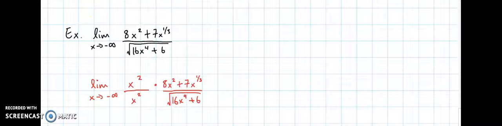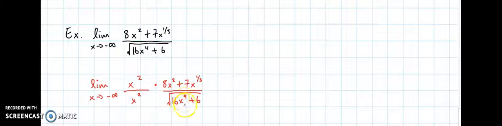The next step is to divide the numerator and denominator by the highest power of x in the denominator. In this case, it's x to the 4, but because it's in a square root, it would actually be x to the 4 over 2, equaling x to the power of 2.